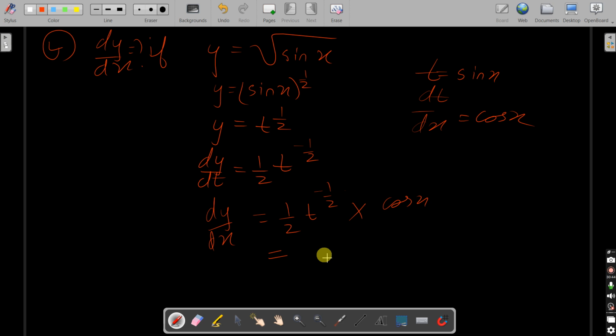So this becomes t raised to minus half, so this will be under root but in the denominator. So this one is cos x upon 2 root t, but t is sin x. So dy by dx is equal to cos x upon 2 under root sin x.